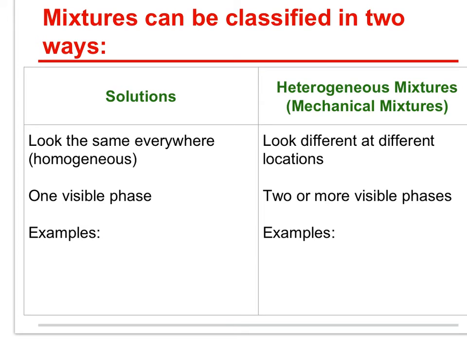Now, if we go back to mixtures, mixtures can also be classified in two ways. They can either be solutions or they can be heterogeneous mixtures, or sometimes called mechanical mixtures. Solutions look the same everywhere. They are homogeneous, homo meaning the same. That means that when you look at a solution, all you see is one visible phase.